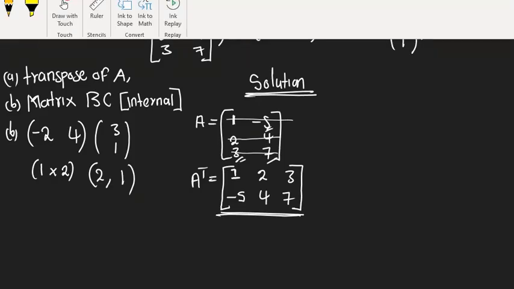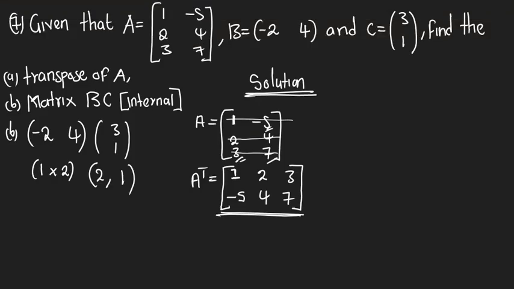Now, this is what I wanted to tell you. Row by column, row by column. If you see that these two are near to each other, and they are the same, it means that the matrix is allowing you to multiply.